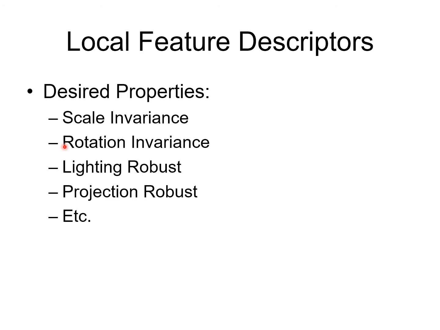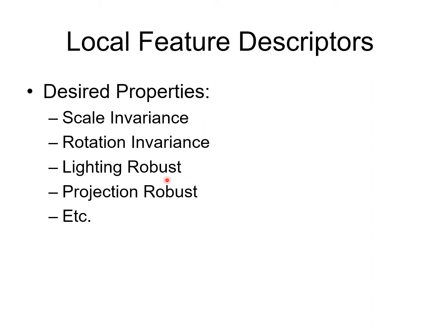If your feature is rotation invariant, then your feature can handle that as well. The current SIFT descriptor isn't really rotation invariant because we give this histogram in the locations. But if you try to align it a little bit, you find that SIFT actually can be quite rotation invariant.